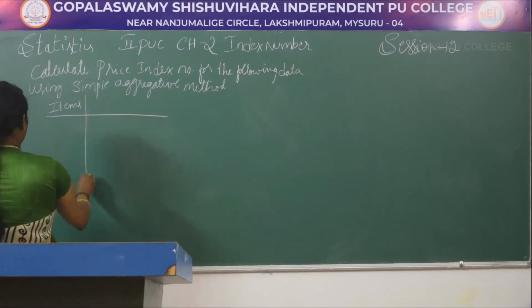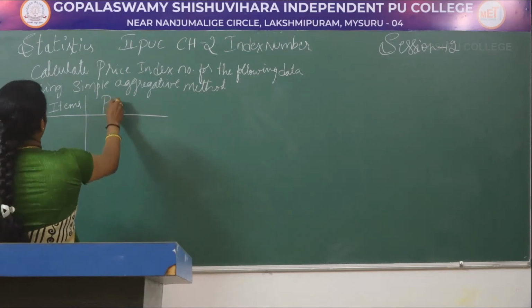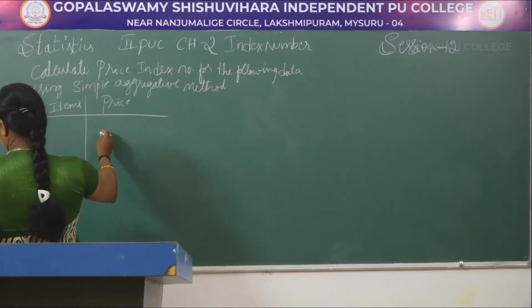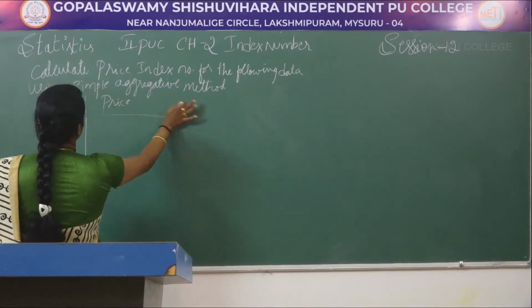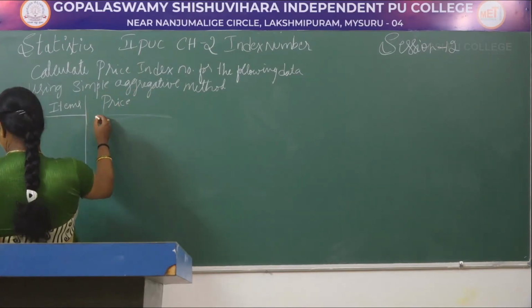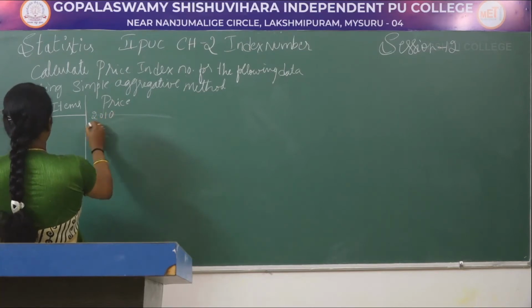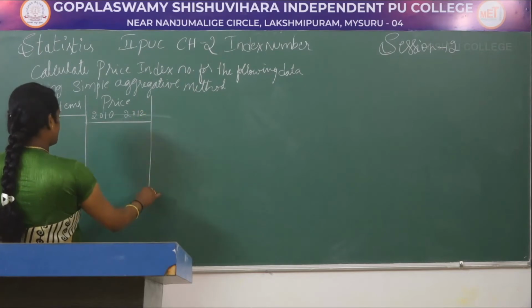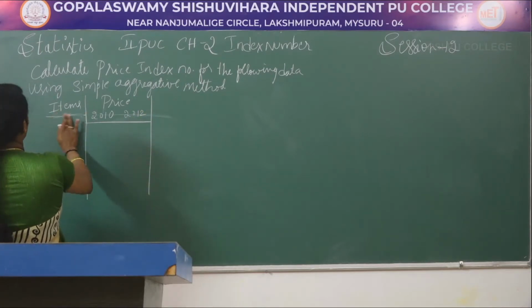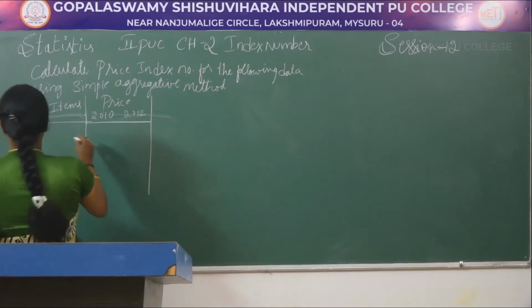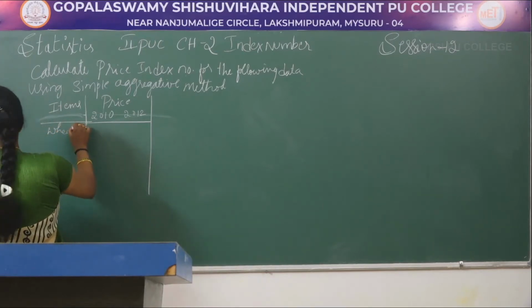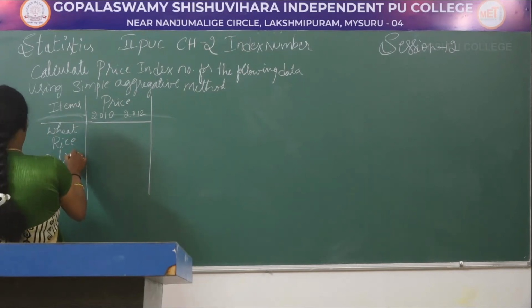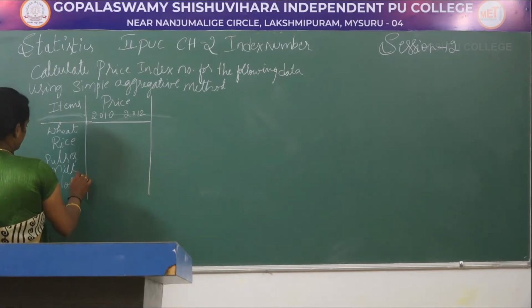Items, price, price 2010, 2012. First let us write the items: wheat, rice, pulses, milk, cloth.